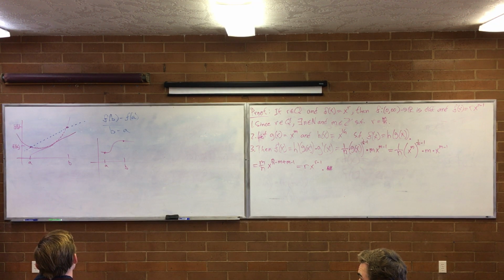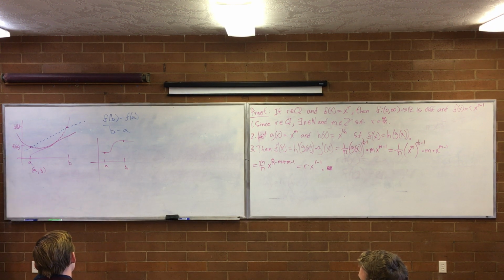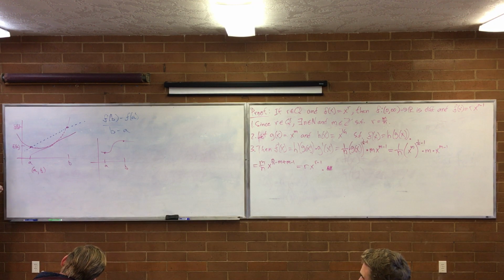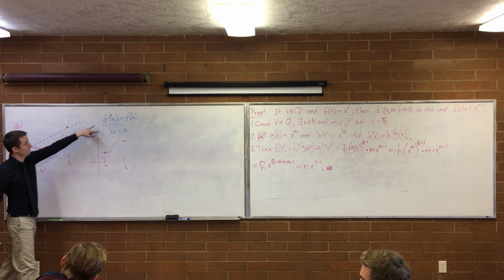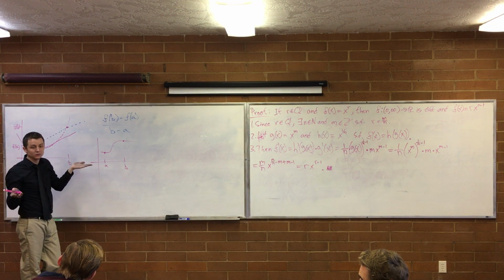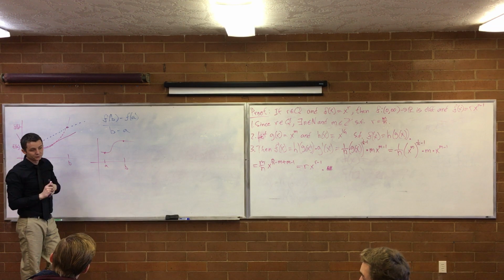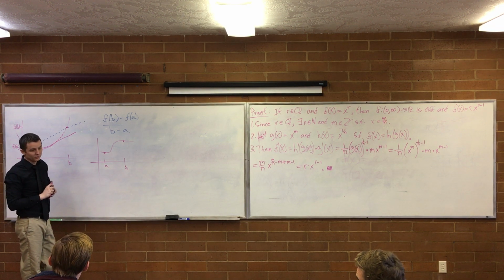So the mean value theorem says somewhere on the open interval AB, there's a point such that the derivative at that point is equal to this number. Where is that point? I don't know. I'm just proving that there is a point where that happens.